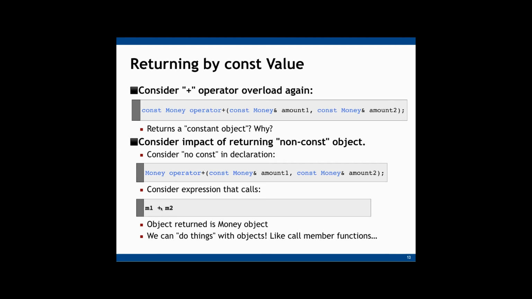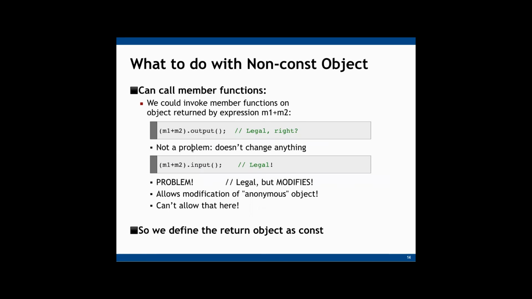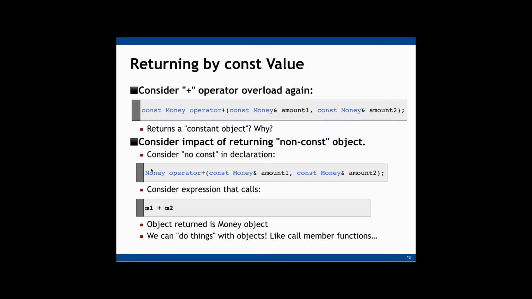And we can do things with returned objects, such as calling member functions. As shown here, we can call member functions because we just overloaded these plus operators. This plus operator returns objects of money class type.